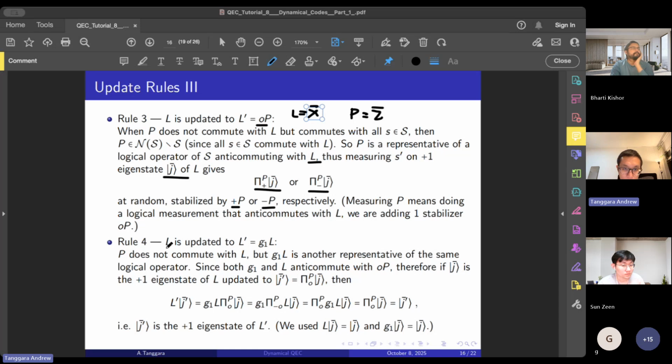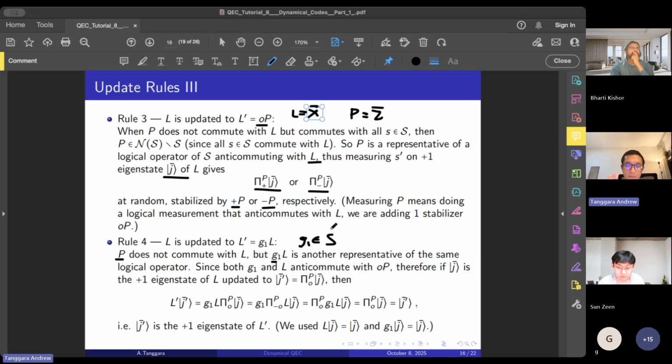So the last rule is where I update this L to this L prime, right? I pick this G1 that I throw away from my stabilizer group, and then I multiply that with this logical operator that anti-commutes with P. So this I think is quite intuitive. If you remember, this G1 is a stabilizer in the original stabilizer group S, so G1 is in S. As we know, a logical operator multiplied by a stabilizer is basically still the same logical operator.